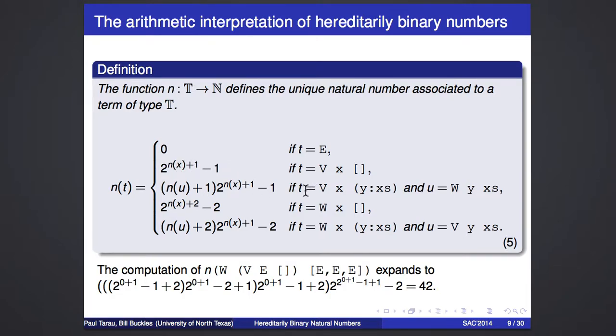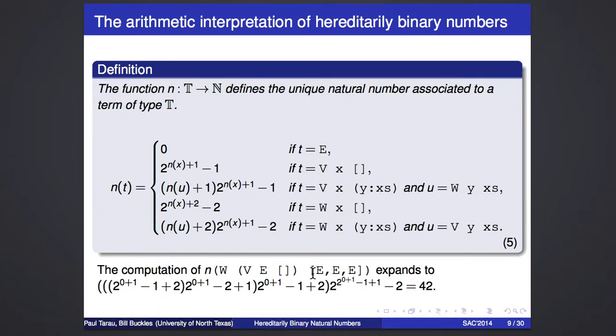A little bit more elaborate in the case when we have a non-empty set of alternating O and I blocks. The computation works on both those terms, so we have 2 calls to n recursively here, and the same applies for W terms, kind of symmetric to what's going on here.